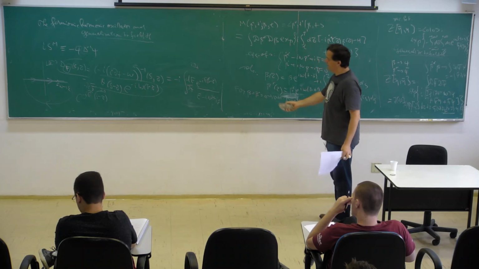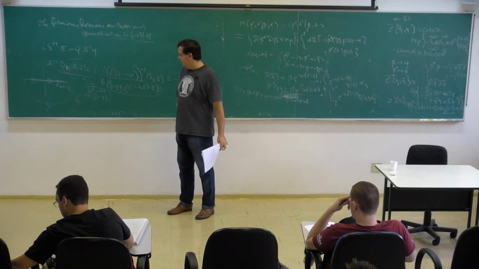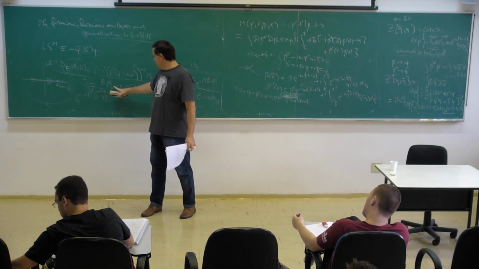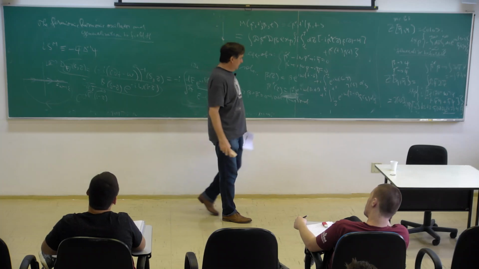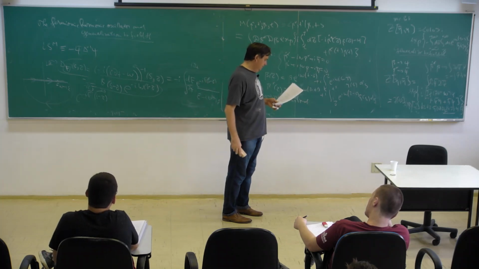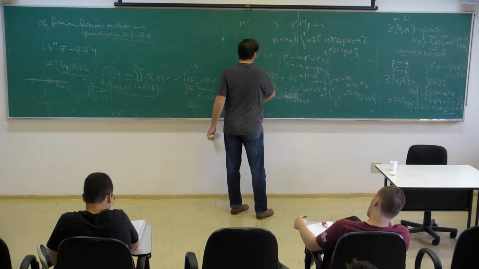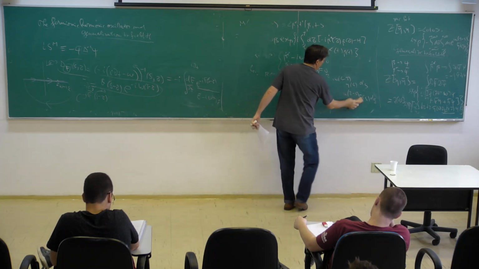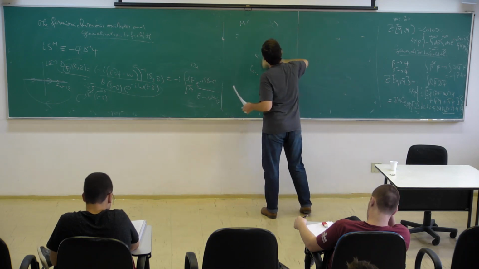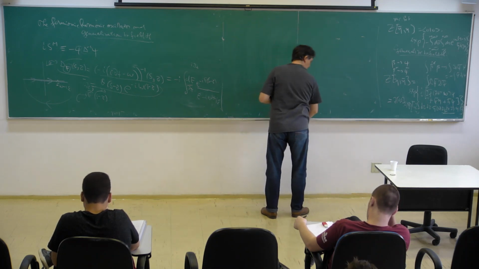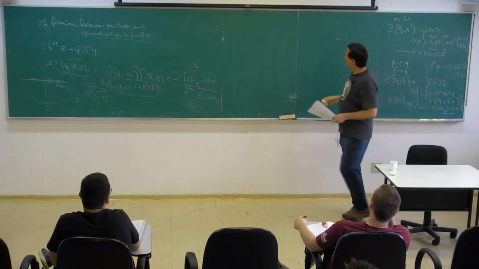Okay, so for a single omega, the result for the Feynman propagator is just theta(s minus tau) e to the minus i omega (s minus tau). And now further, let's consider the Euclidean case.